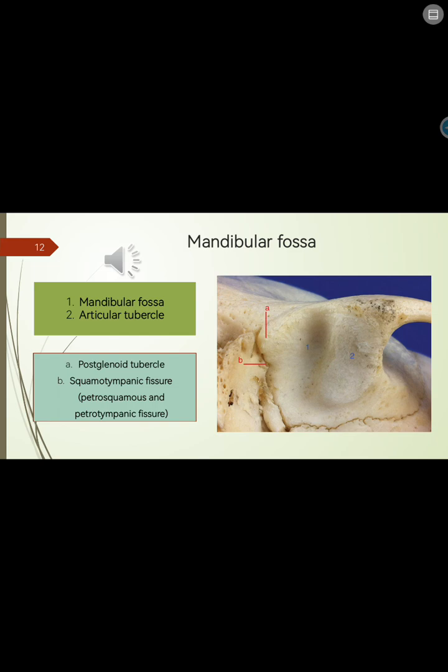It is that fissure that divided the articular part and non-articular part of mandibular fossa. Non-articular part is in the posterior position and belong to the tympanic part, and articular part belong to the squamous part.